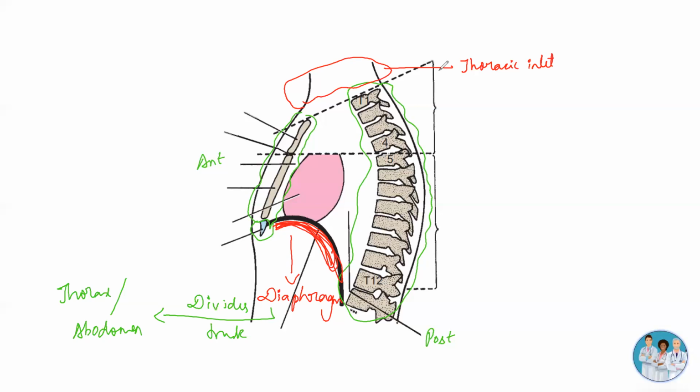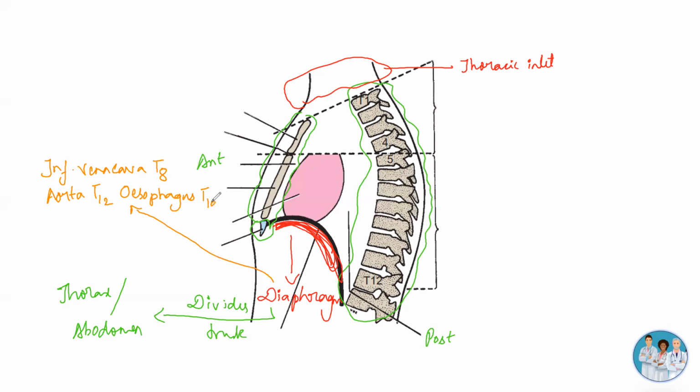Many structures pierce the diaphragm: the inferior vena cava pierces it at T8, the aorta at T12, and the esophagus at T10.